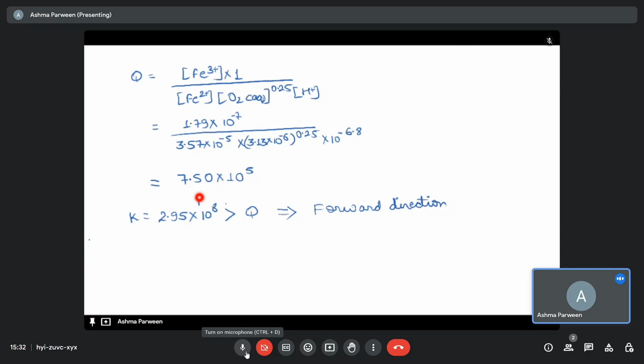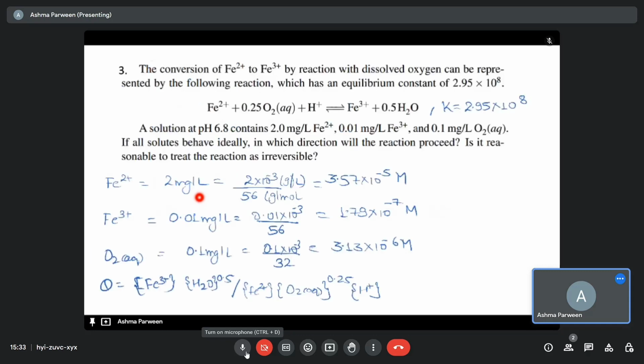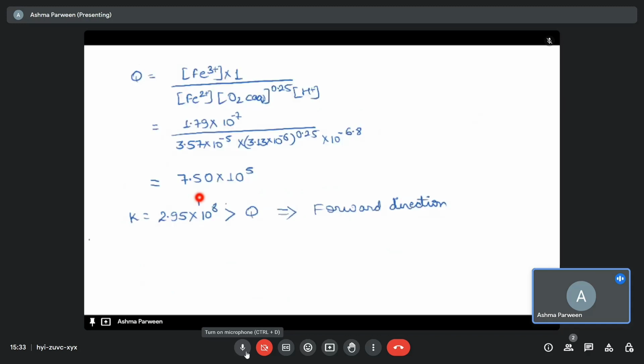Also there was a second part in the question. It was asked whether it is reasonable to treat the reaction as irreversible. So let's find out the ratio of Q by K. Q is 7.50 × 10^5 and K is 2.95 × 10^8.